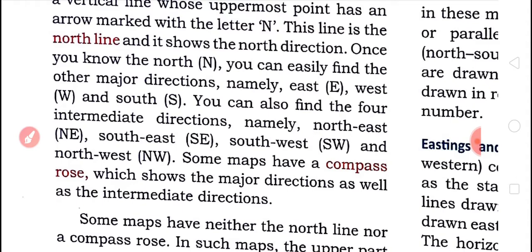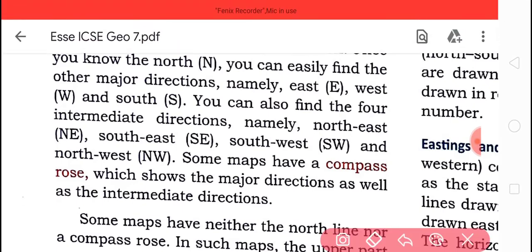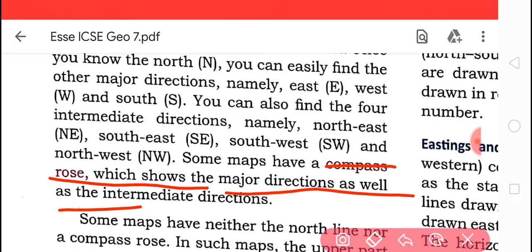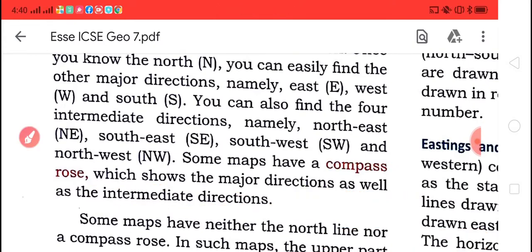Some maps have a compass rose, which shows the major directions as well as the intermediate directions. But in some maps, if the north line is not given and the compass rose is not given, how can you identify the direction?